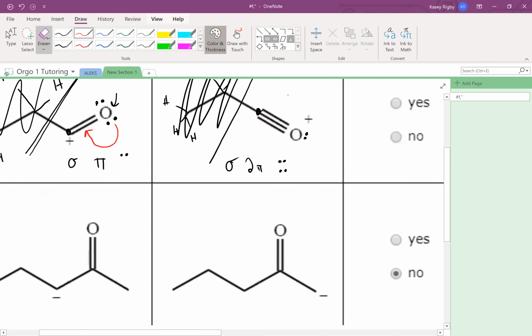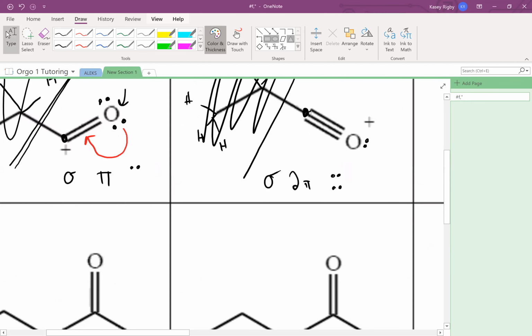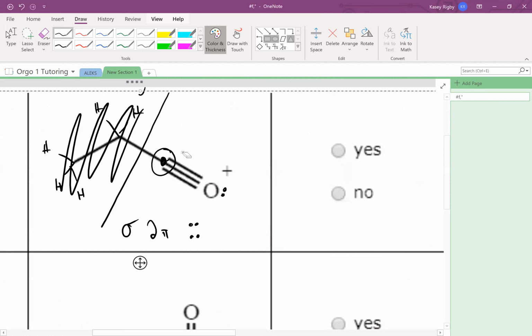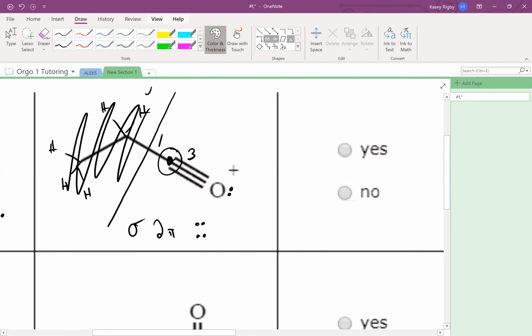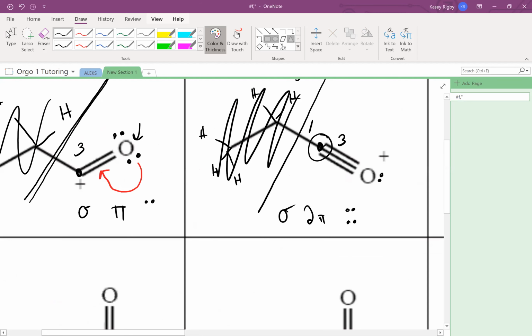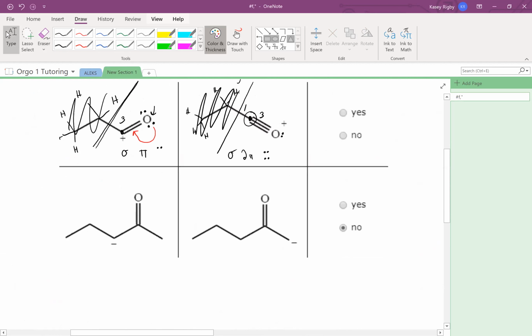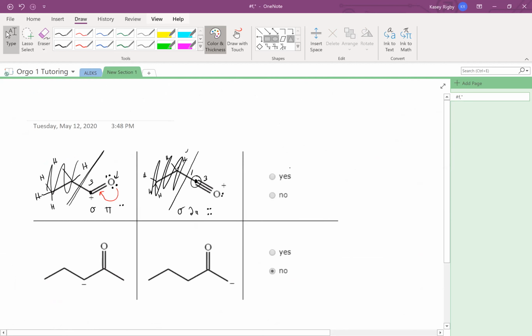Okay? The reason the positive charge changes is because this carbon gets 4 bonds: this triple bond is 3, and this single bond is 1. So it has 4 bonds, it's happy. Over here, it had 3 bonds, so it has a positive charge and is not as happy. But then that positive charge moves onto the oxygen. So yes, this is a valid resonance structure.